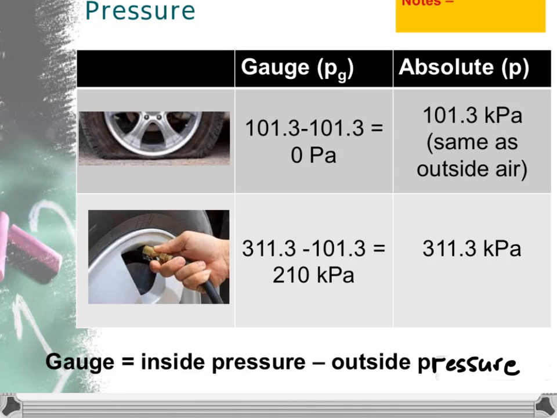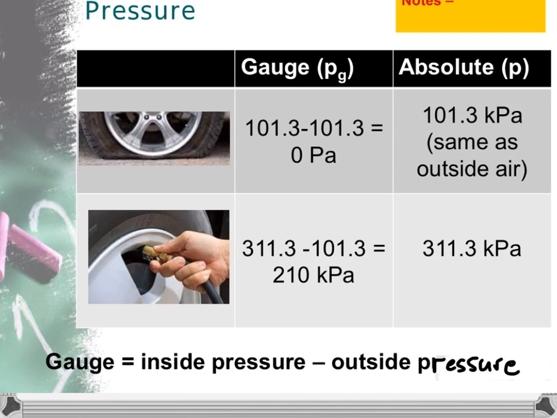Now, if you fill up your tire with air, like shown in the bottom picture, and then you were to stick your pressure gauge on there, you might register a number that says, for example, 210 kilopascals. But that is the difference between the inside pressure and the outside pressure.